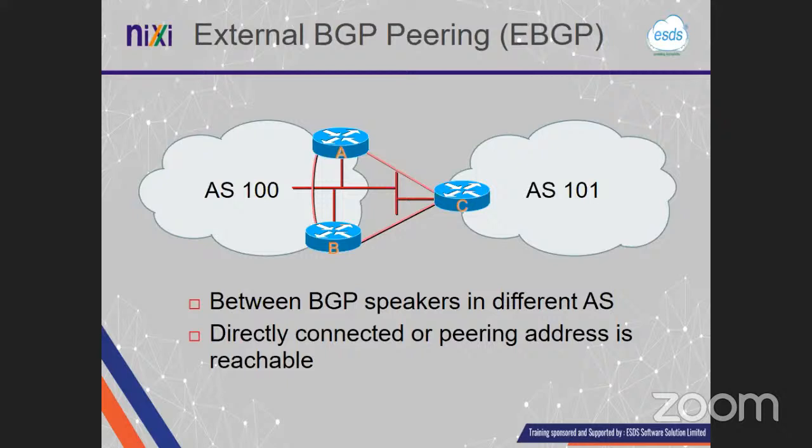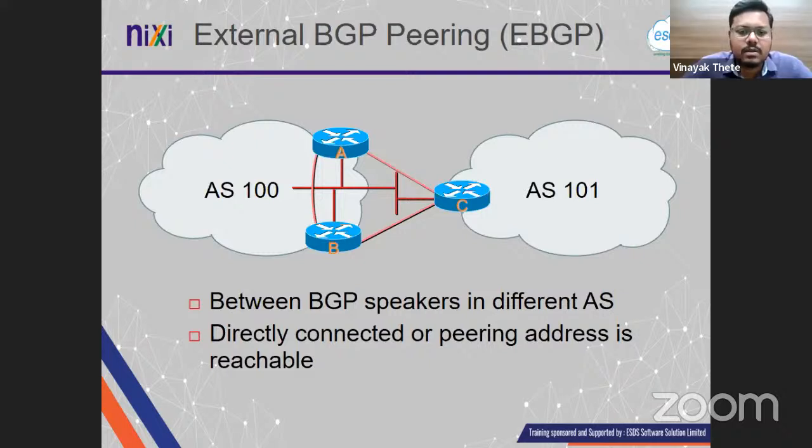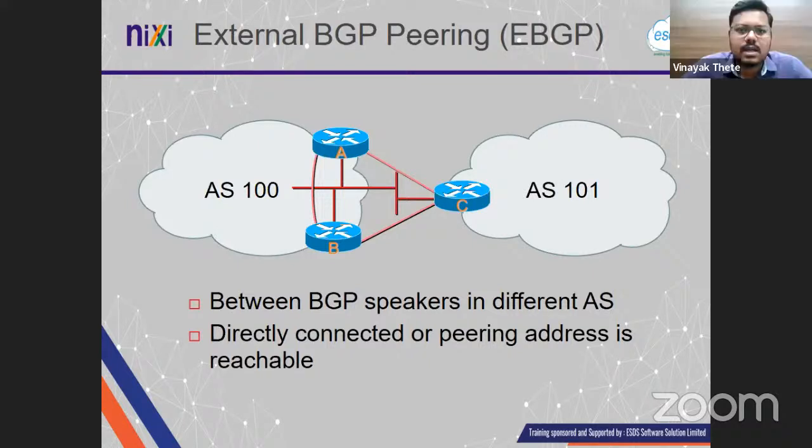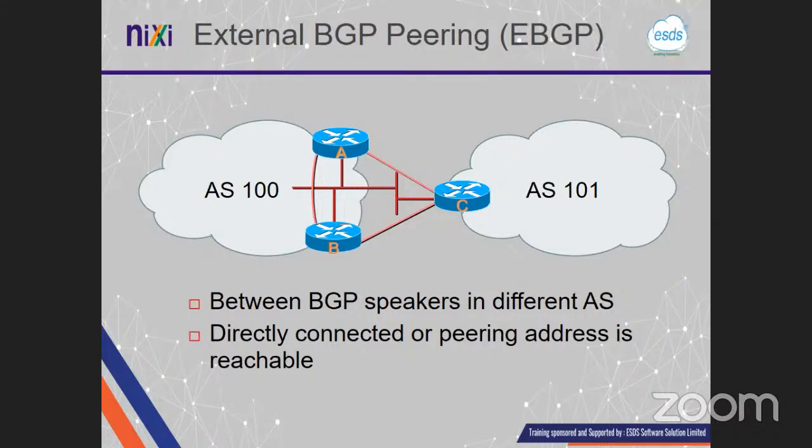For the prefixes from NKN, we have to enable multi-hop. So not just theoretically, practically also we have done it. But if an ISP is not allowing it, that is a different thing. On the internet, ISPs generally do not allow multi-hop.